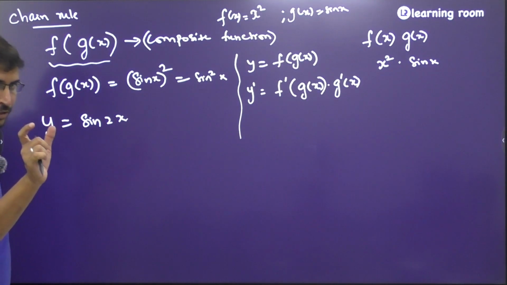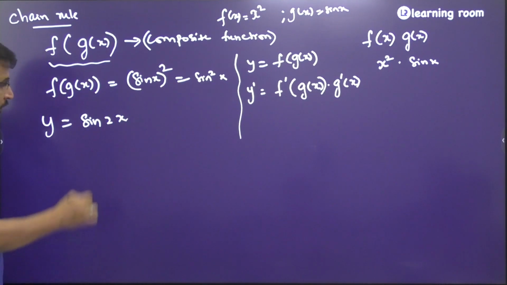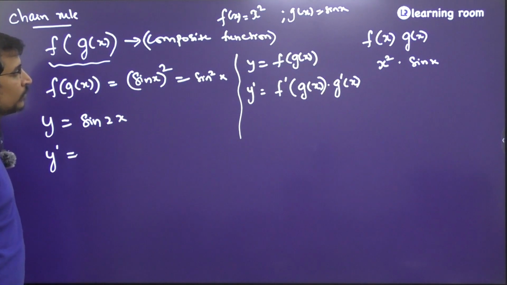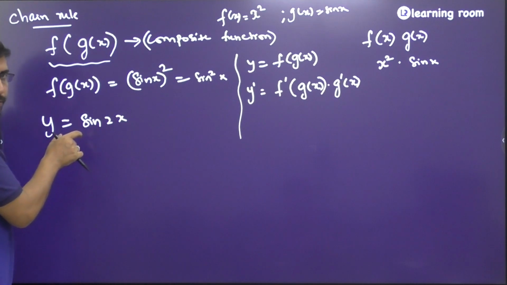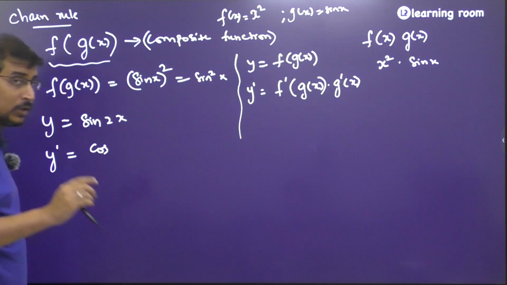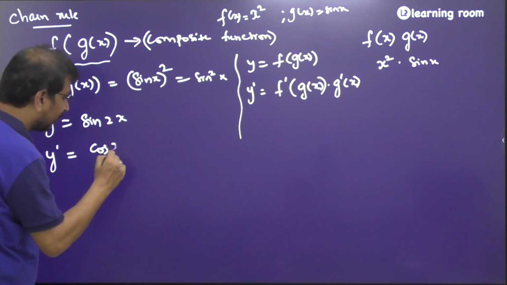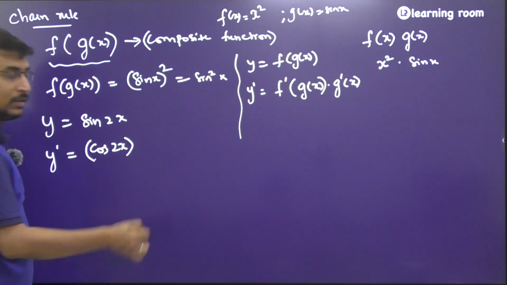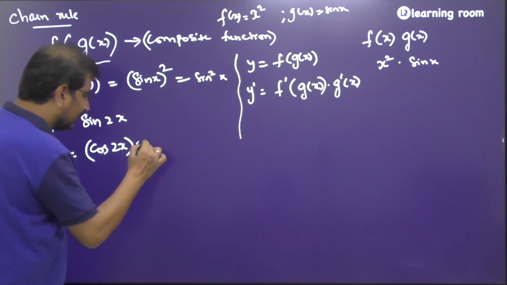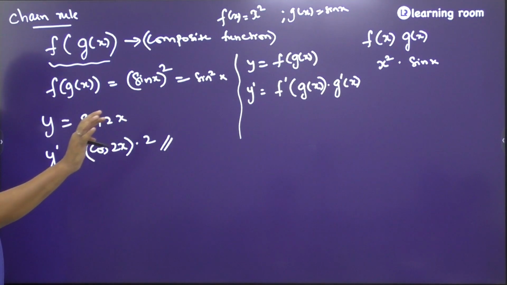Whenever you have this kind of thing, it will become a composite function because it is not sin x alone. Then how do you do this? y dash is equal to, you differentiate the main function. What is the main function here? Sin. What is the derivative of sin? You write cos, but you don't write cos x. You will write derivative of g of x, so you will write cos 2x into the derivative of 2x. This is the answer. This is called chain rule. Okay, this you will not use mostly as of now.